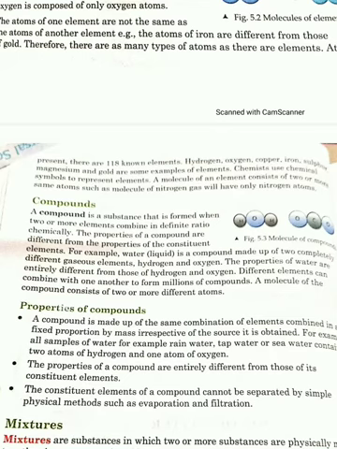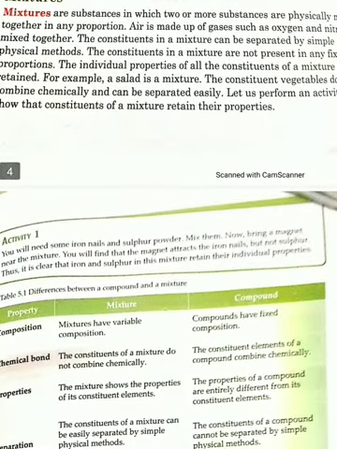And I have told you that a compound is a substance that is formed when two or more elements combine in a definite ratio. In the same way, mixtures are substances in which two or more substances are physically mixed together in any proportion.